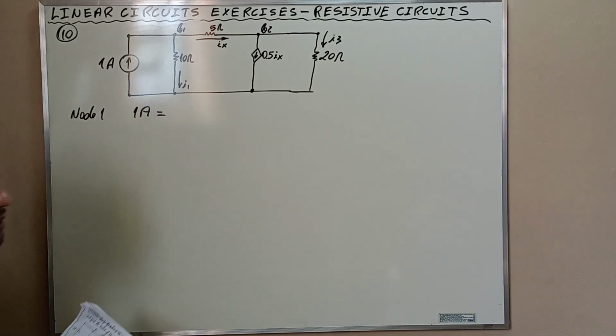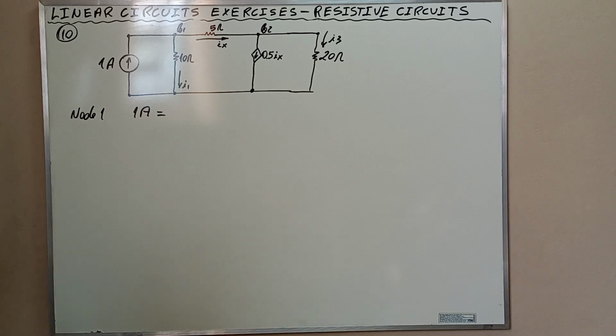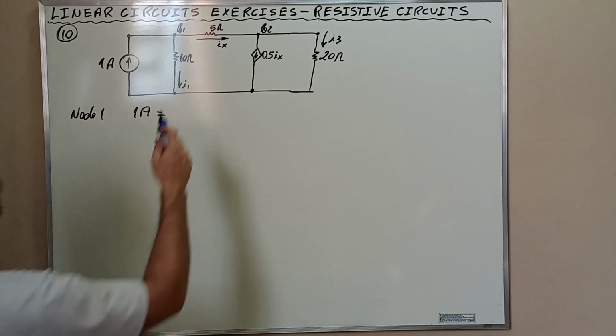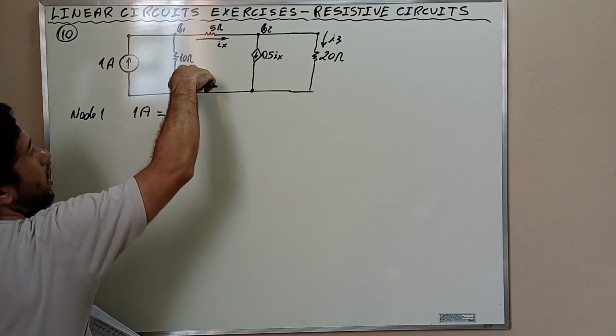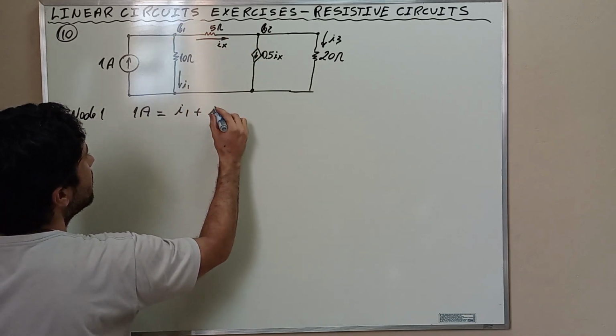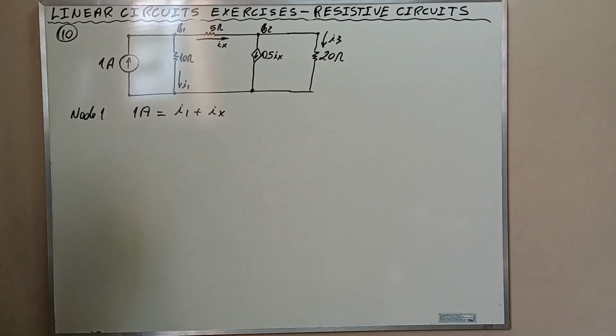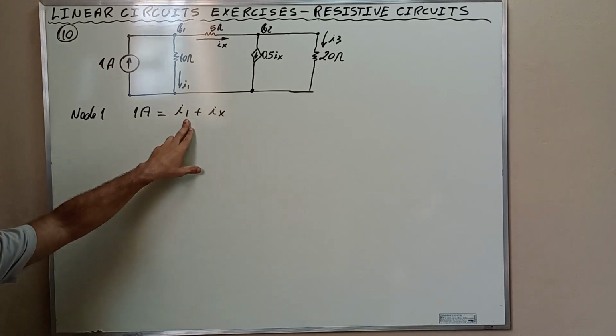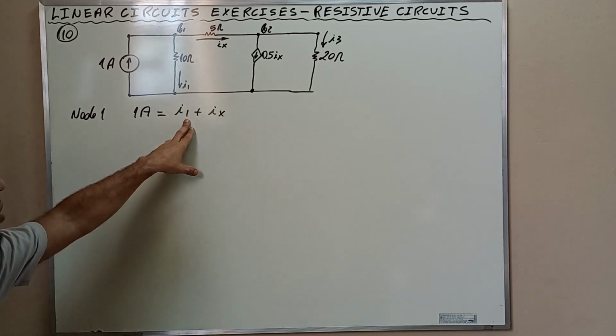And what are the currents that leave the node? We have two currents leaving the node, I1 and Ix. I1 plus Ix. Okay, this is the equation for node 1, but we are not going to leave it the way it is because we don't know the values of the currents.